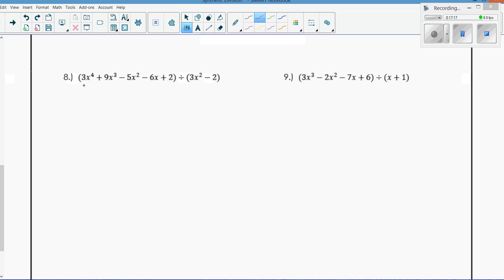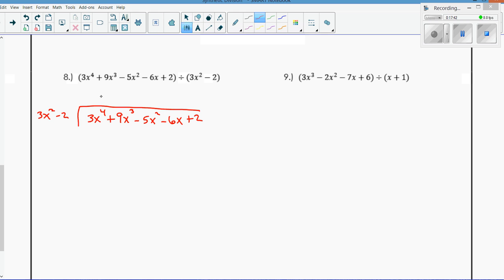Hopefully there's no missing terms. So we're going to have 3x to the 4th plus 9x to the 3rd minus 5x squared minus 6x plus 2. We're going to divide this by 3x squared minus 2.